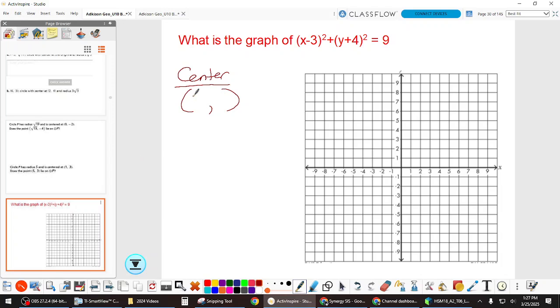Nope. It's 3, negative 4. It's the opposite of what you see, right? So opposite of negative 3, opposite of 4. So we just plug that in here. 3 to the left, and then down 4 is right there. That's our center.